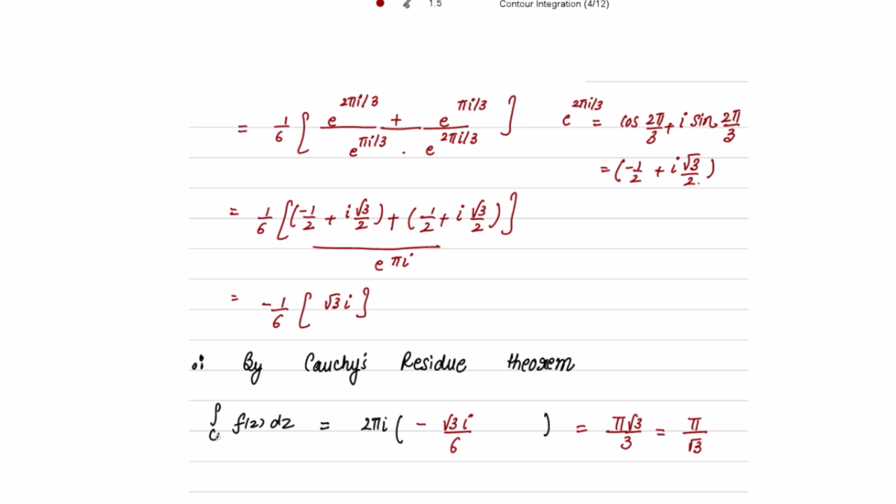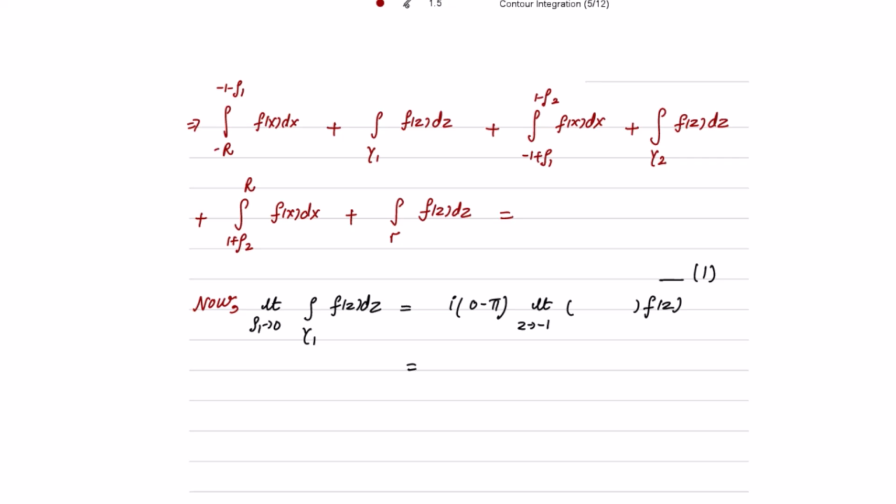Fine. Now splitting this contour into so many integrals, because we need to integrate along the x-axis and also along the semicircles, then the big semicircle τ, right? So taking first the integral from negative R to minus 1 minus ρ1 along the x-axis, and then integrating along the semicircle γ1, and then again along the x-axis, and then along γ2, then again the x-axis, then along τ.